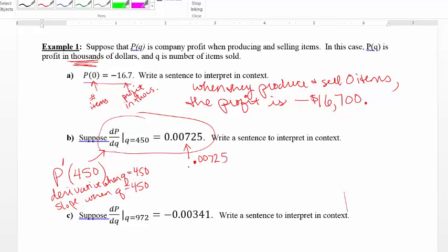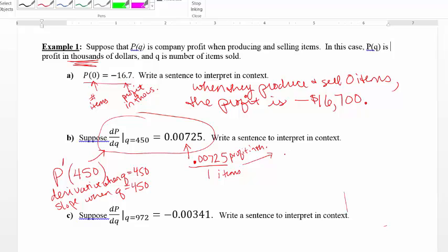If it helps, you could write that as a fraction. The units of the numerator are the change in y, the output, so this is the profit in thousands. And the denominator is the change in the input, the items. It's saying if you go over one item, you go up $0.00725 thousand dollars in profit.